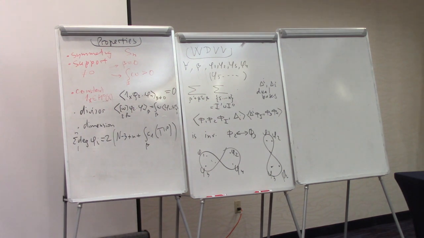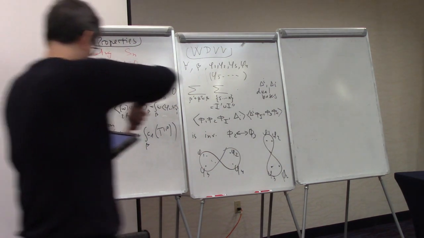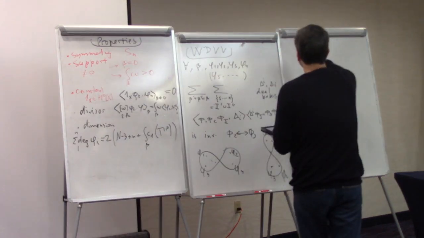So that's the whole list of properties which we know a priori, and then someone can make a generating series.